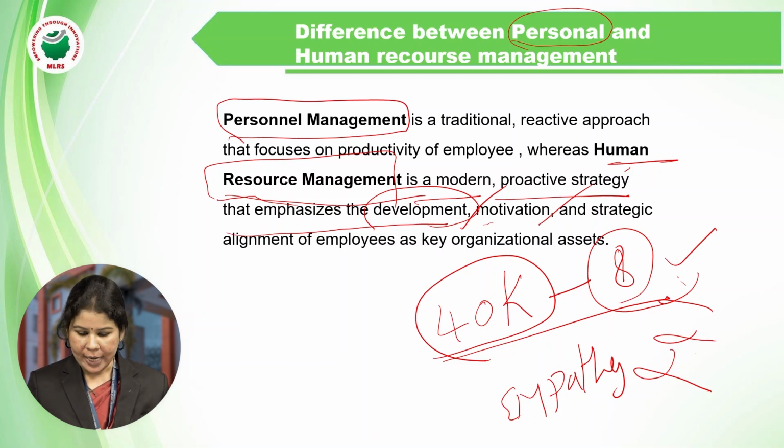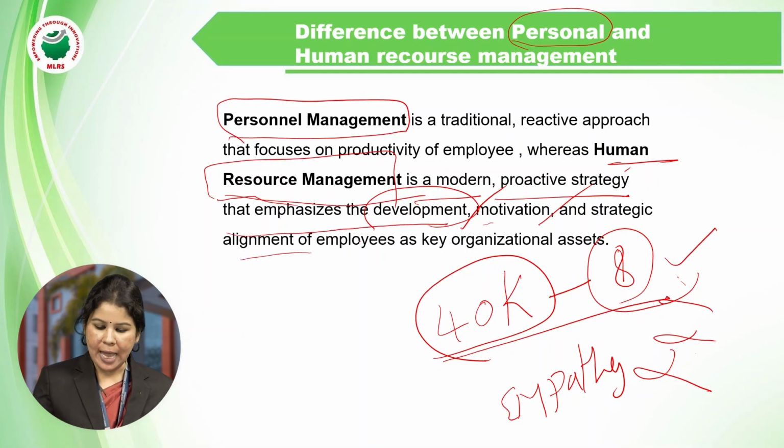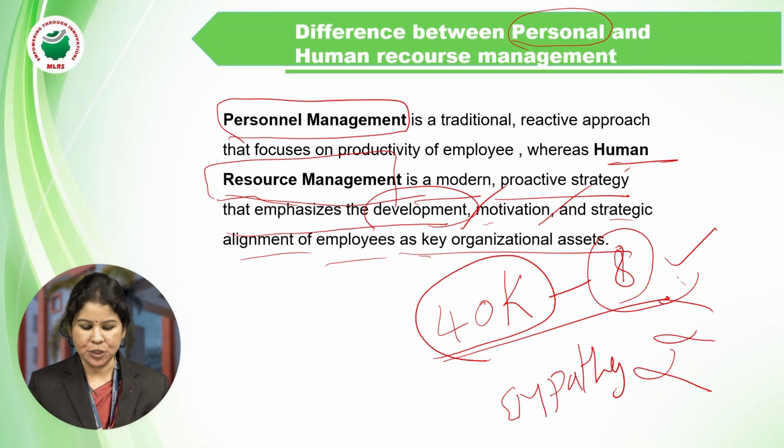for the organization. And strategic alignment of employees is a key organizational aspect. It means a better coordination, a better harmonious relationship. Unless we have coordination and relations, we won't have a healthy environment.